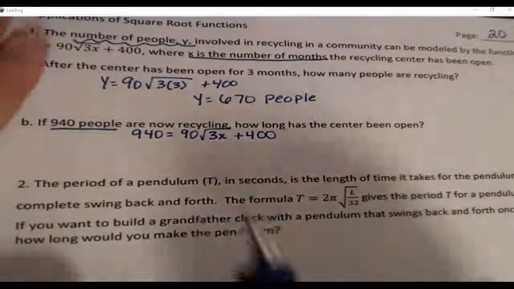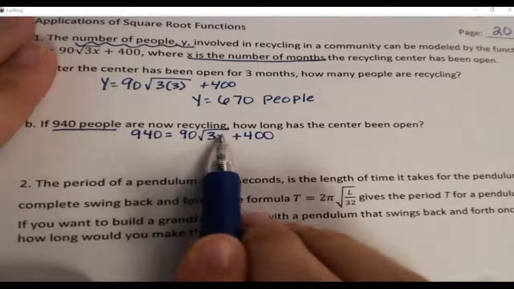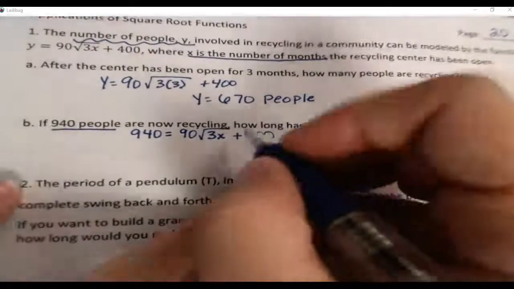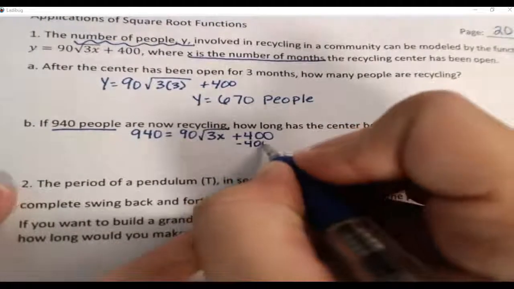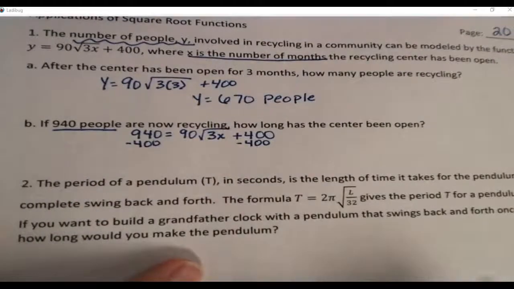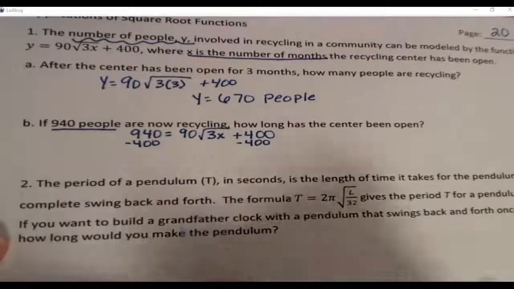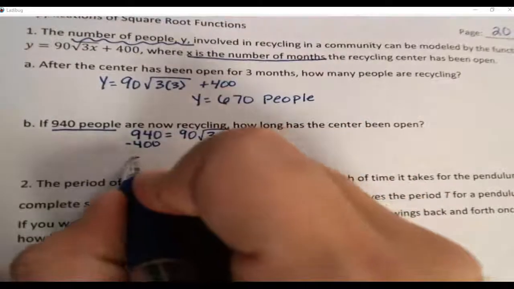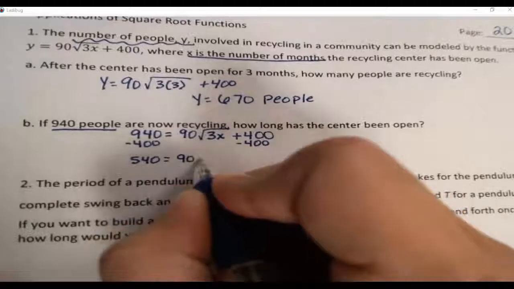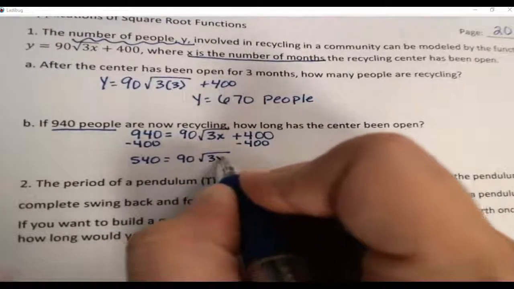So we want to get the square root by itself, so what should I do first? Good, subtract 400. So then we'll get 540 equals 90 square root of 3x.